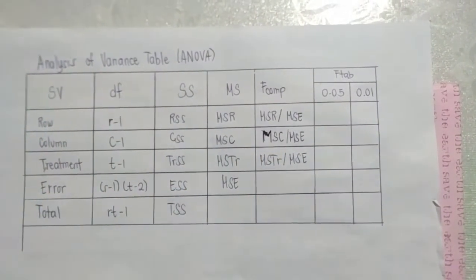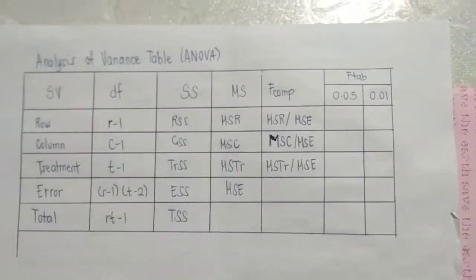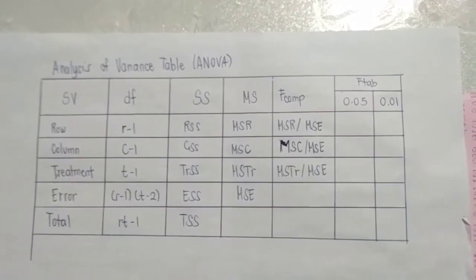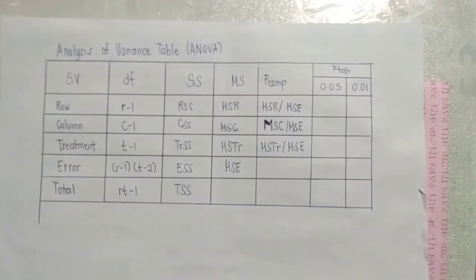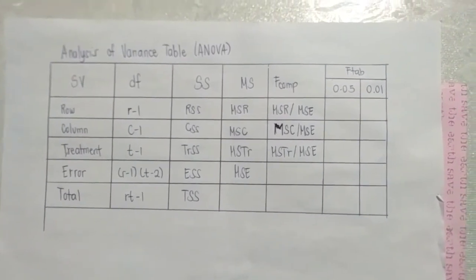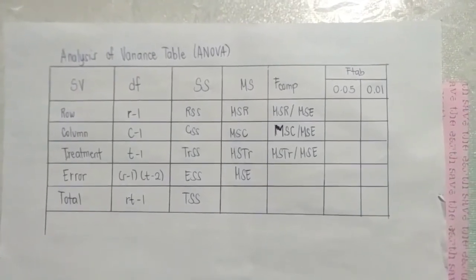The same process as RCBD is used to compute the F tabular and first the F computed value. So that would be my presentation and discussion about the Latin square design as one of the experimental designs in statistical experiments.